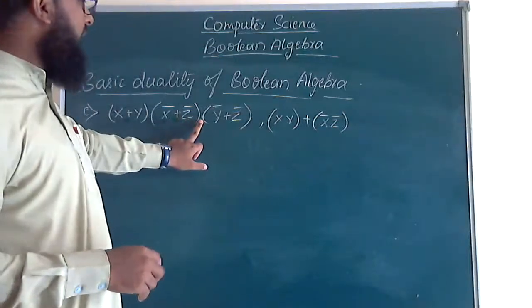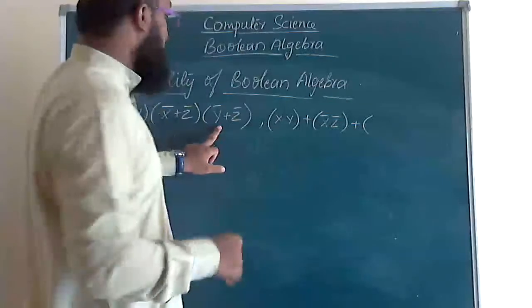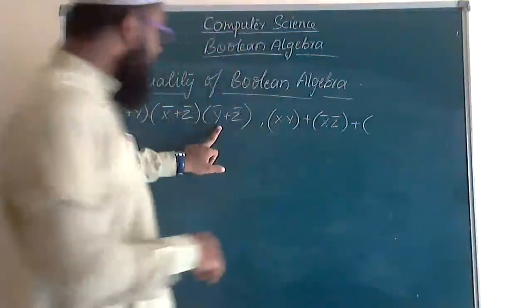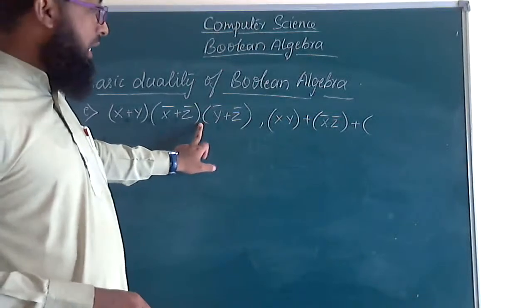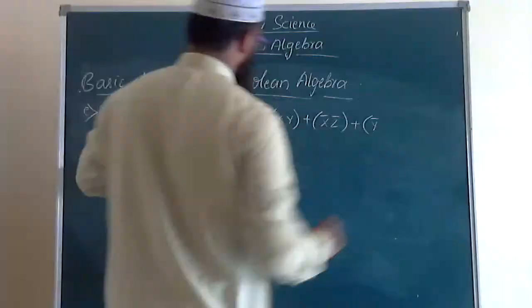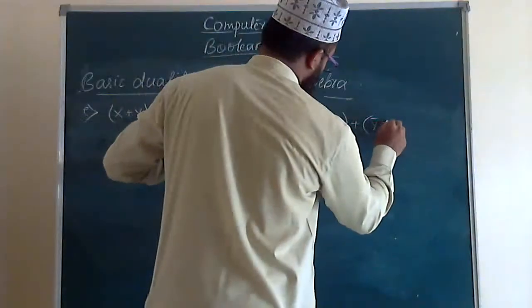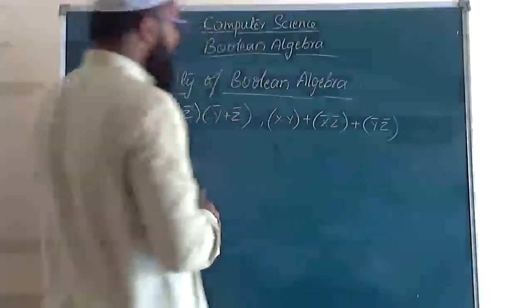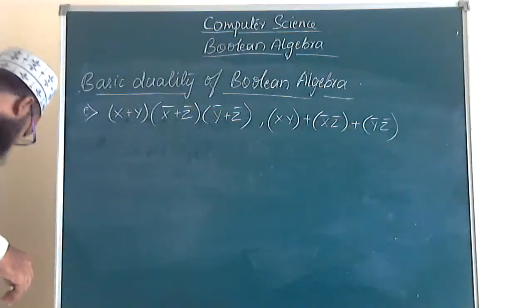Here AND is there, change it to OR sign, plus, then again y bar here. This is finished. Here y bar, change this to AND sign, so directly you can write z bar. So this is the dual form of an expression.